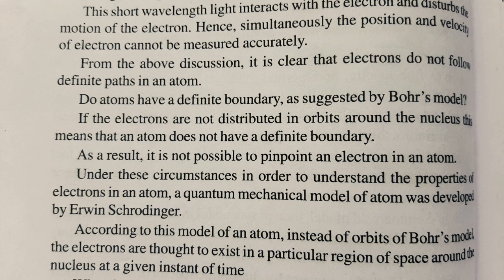Do atoms have a definite boundary as suggested by Bohr's model? Bohr suggested definite boundaries. So really, do atoms have definite boundaries? If the electrons are not distributed in orbits around the nucleus, this means that an atom does not have a definite boundary.